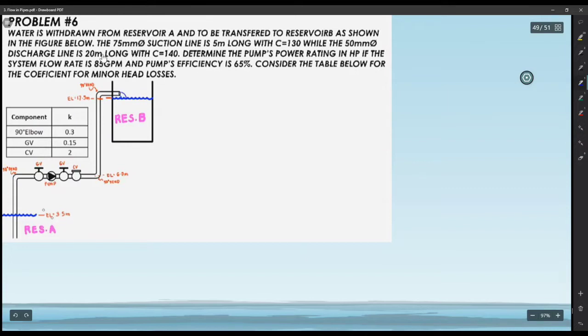And then ang gawin natin dito, isulat muna natin yung mga given. So unahin natin yung para sa suction line. Sabihin ko na lang pala to guys, yung ating reservoir, this will be our point 1. And sa point ng discharge, ito yung ating magiging point 2.